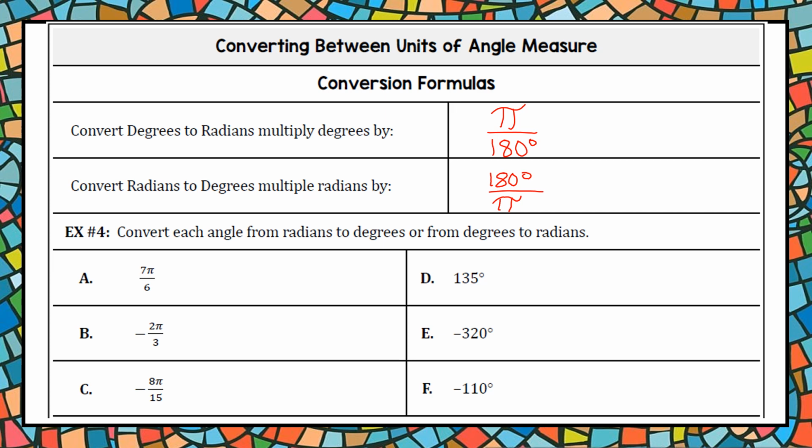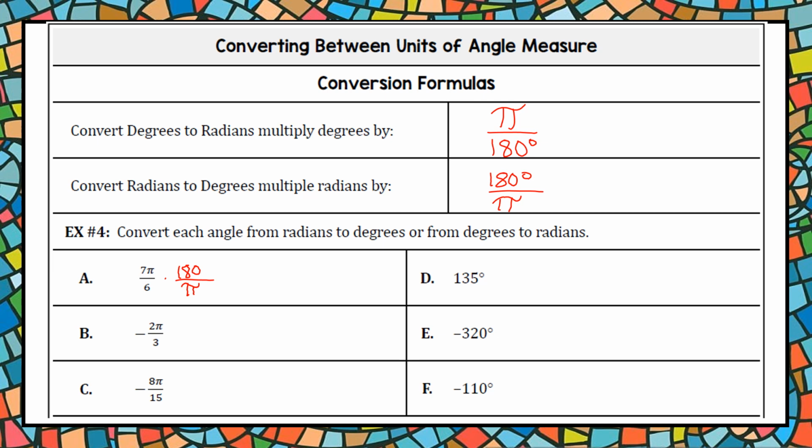And so example number 4, part A, we're given a measure 7 pi over 6. I can tell that that is radians because it does not have the degree symbol. And so I'm trying to go from radians to degrees, so I'm going to use the second formula. I'm going to be multiplying by 180 over pi.